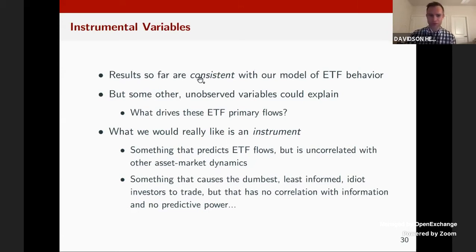So what we would really like is a so-called instrument, some variable, some market factor that plausibly drives ETF primary flows but is uncorrelated with other things like expected returns, liquidity, information arrival, things of that nature. We would like some sort of market factor that ideally would cause the least informed, the biggest uninformed idiots in the market to trade, but has no correlation with anything else.